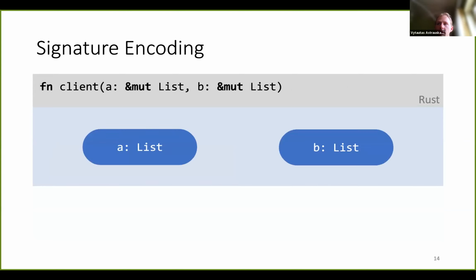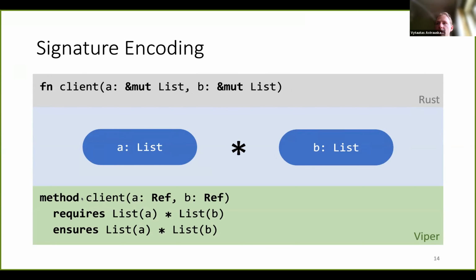Signature encoding is also pretty straightforward. Here we have a function signature that takes two mutable linked lists. We also model them as list predicates in Viper. Since we have a guarantee that these two references are disjoint, we just put a separating conjunction between these two lists.